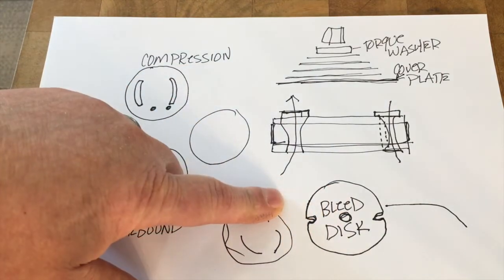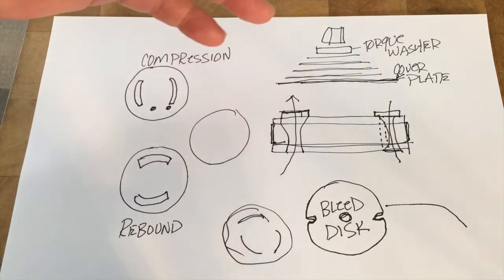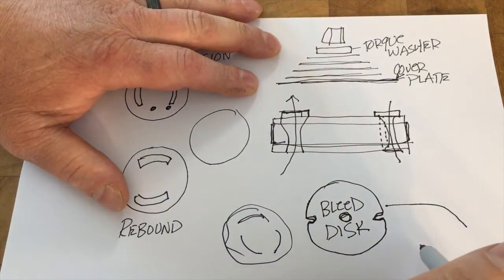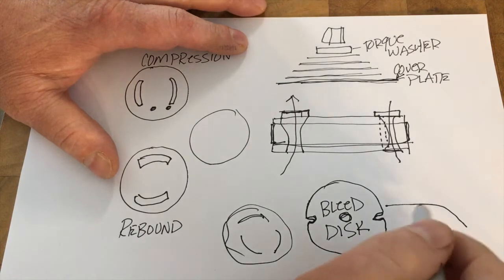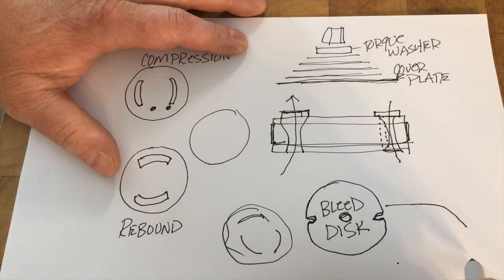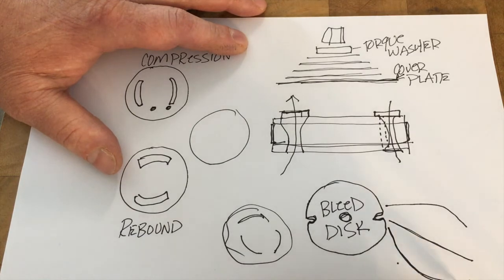That would be a digressive. On a computerized dyno graph, which I don't use, your linear valve rate would look more like a straight line, or even a progressive design, your dyno graph would look something like that.